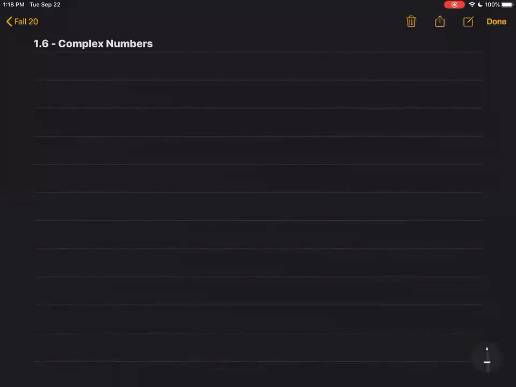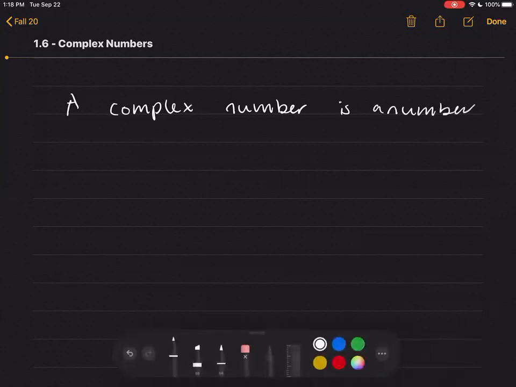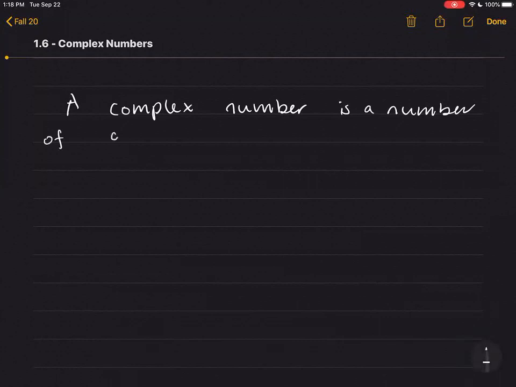So to start off, what is a complex number? Well, a complex number is a number of the form a plus bi, where i is equal to the square root of -1.